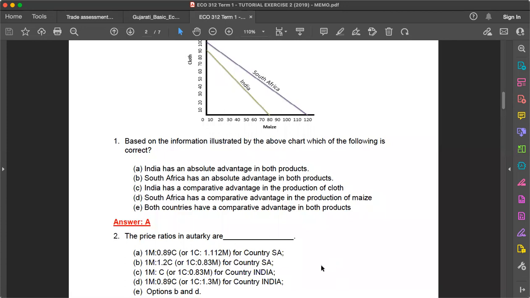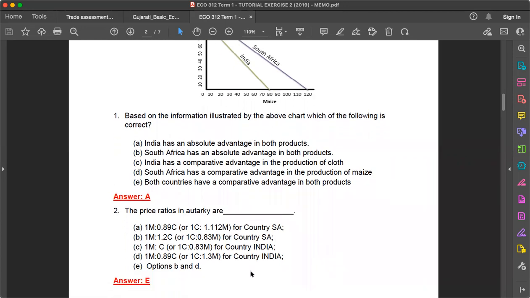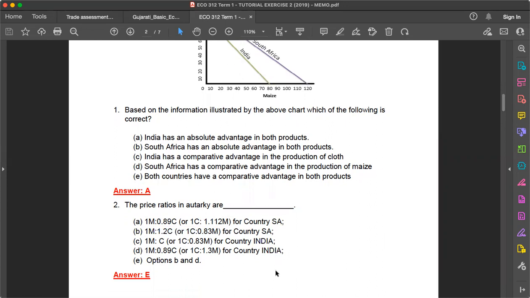Then we'll reveal the answer in a moment, which is E. Options B and D. So these are the answers for the different countries. So you have that for country 1, which is South Africa, and country 2, which is India. So you should know how to calculate this, and you should be able to seal the deal there.